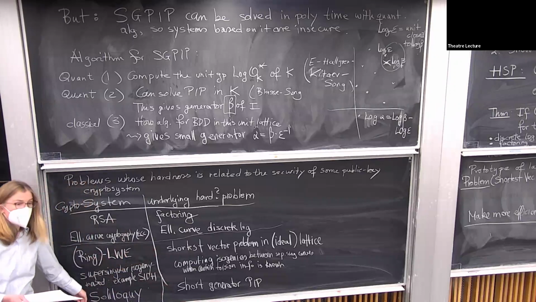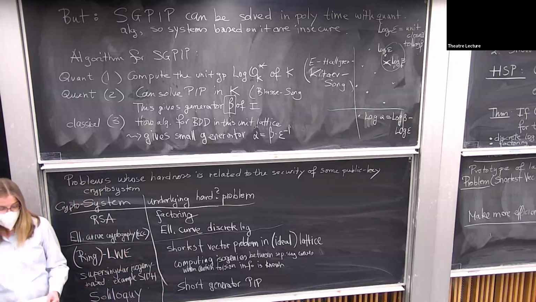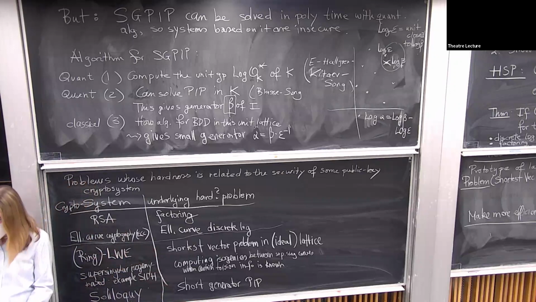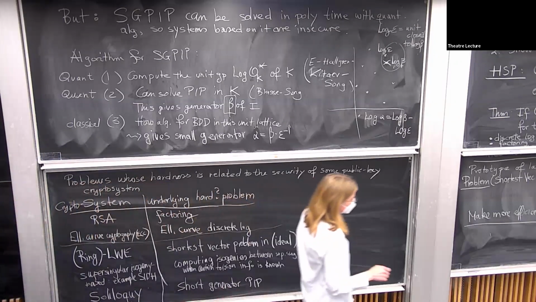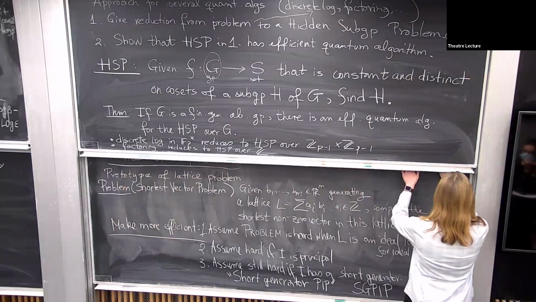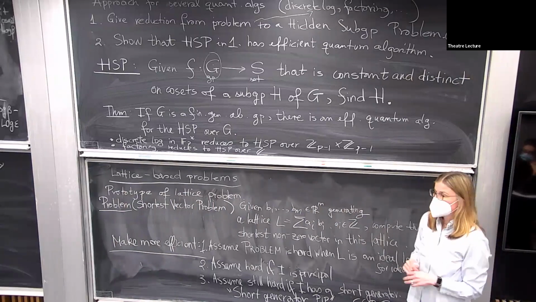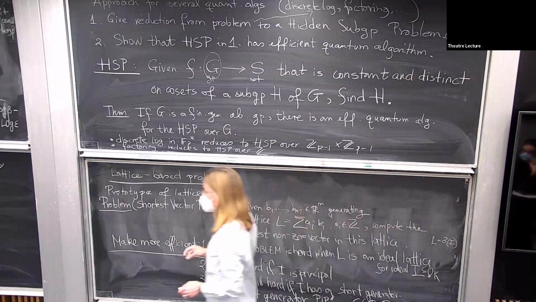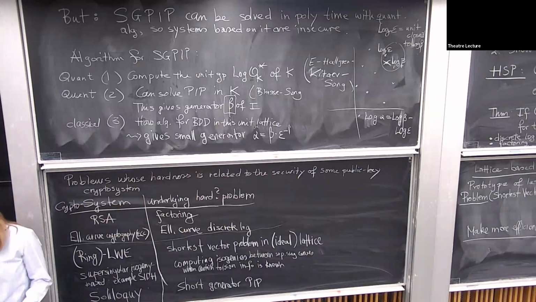But if you do too many specializations in your system, you may end up with something that is vulnerable. And so I think the paper that was published by the people who had designed this was titled Soliloquy, a Cautionary Tale, that you still have to at least consider the possibility that there is a quantum algorithm for a problem.